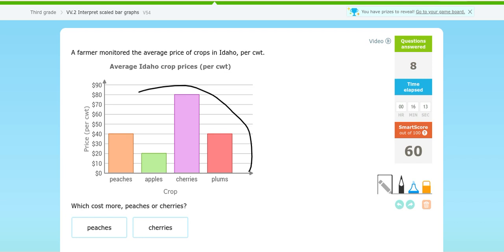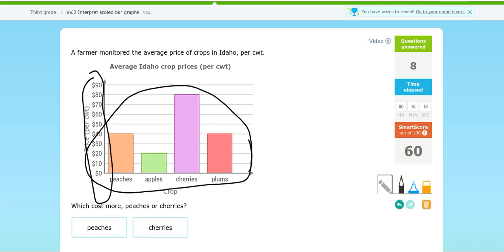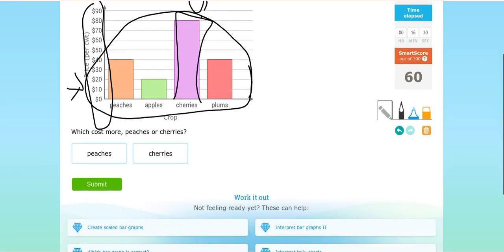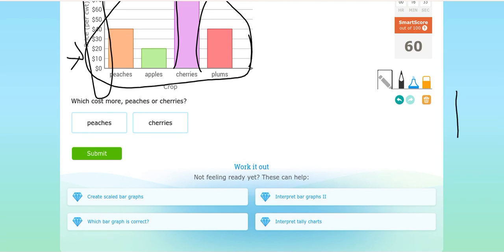First of all, I'm gonna circle my bars, and I'm also gonna circle my graph. So I see that I have scales of 10 through 90, and I see that my cherries go up to 80.